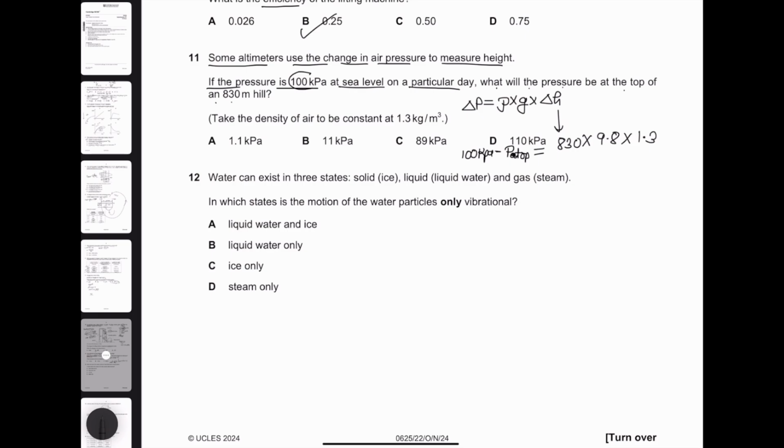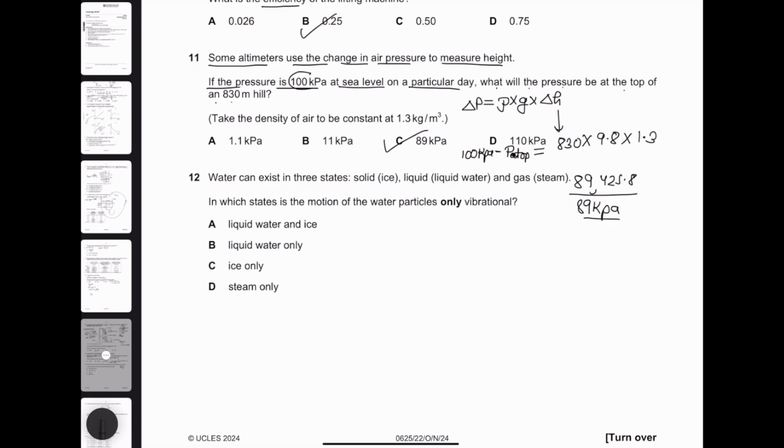Now, if you solve for this, 100,000 minus 830 times 9.8 times 1.3, our answer is coming out to be 89425.8. So 89 kilopascals. To sum it up, your correct answer is C.